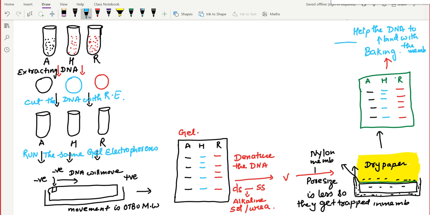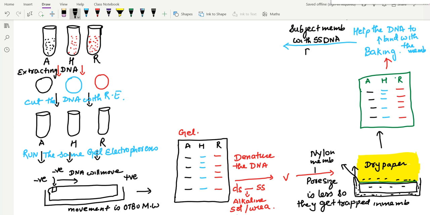Now after this, we're going to subject this membrane to a single strand DNA probe. Now let us try to understand this part.